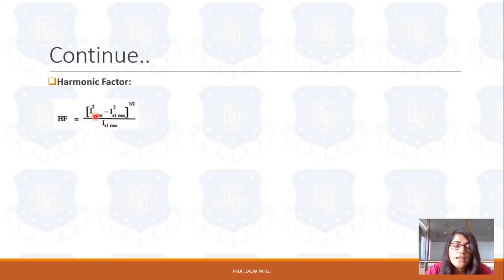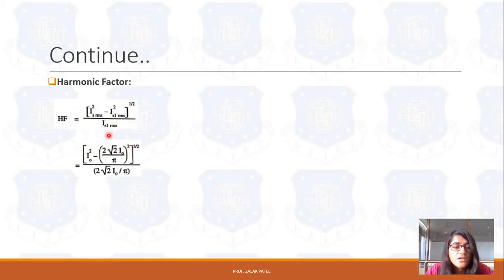So we already know the values of IS RMS and the fundamental component's value. So let's put it over here. It will be like this: IS RMS is I0 square minus IS1 RMS 2 root 2 I0 upon pi square raised to 1 by 2 upon 2 root 2 I0 upon pi.